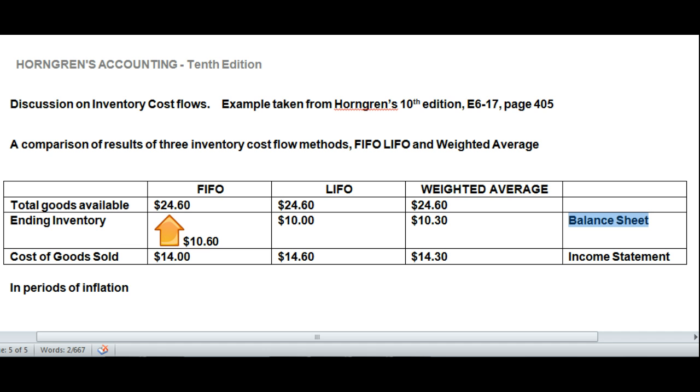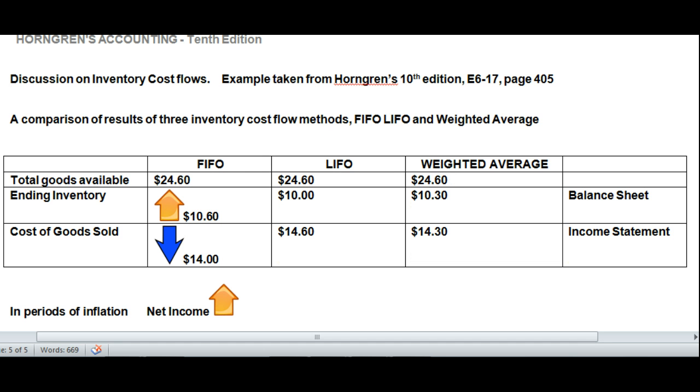Now let's look at cost of goods sold. Cost of goods sold will be lower. Remember, total available minus ending inventory will give you your cost of goods sold. So if you're subtracting a bigger number for ending inventory, cost of goods sold is going to have to be smaller.